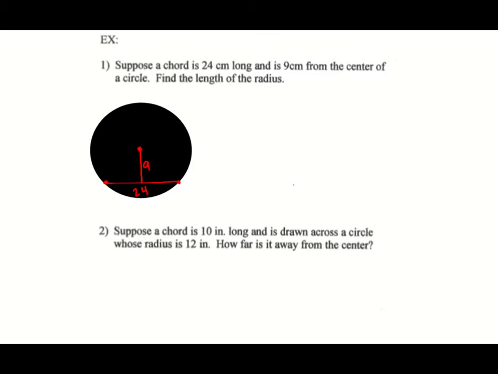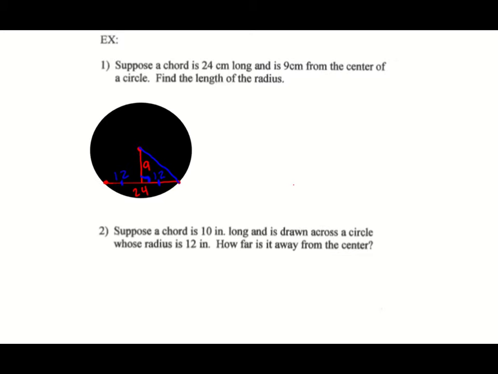Well, our radius is the distance from the center to the outside of our circle, and our distance from the chord to the center is 9, the shortest distance, so that makes this right here a right angle. If that's a right angle, we know that our two segments of our chord here are equal. If the whole thing is 24, we divide that 24 into two equal pieces. That makes each side here 12.